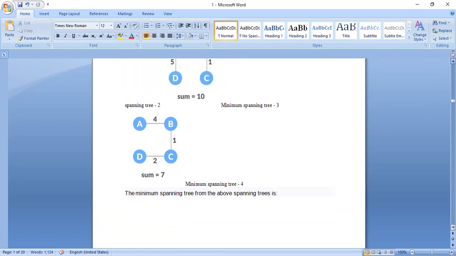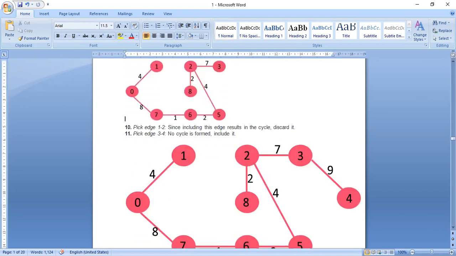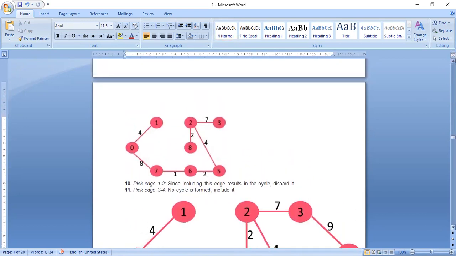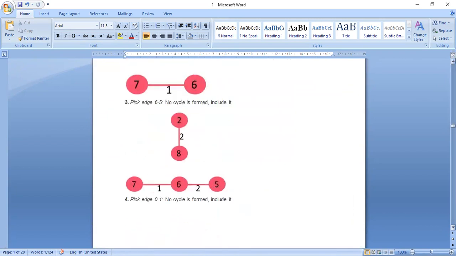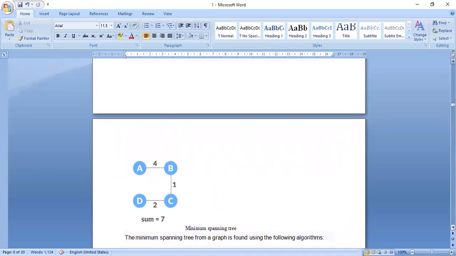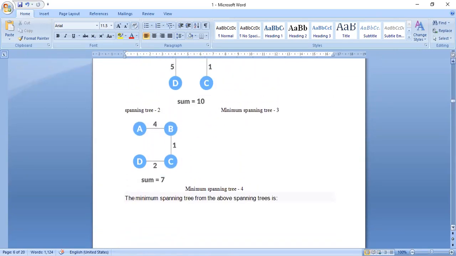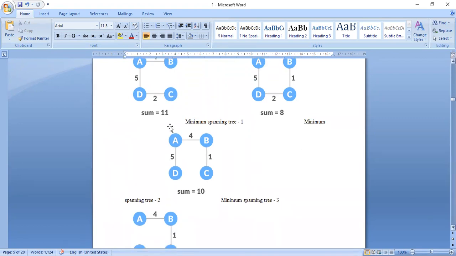Next one is another spanning tree also 7. Okay, these are the 4 types of spanning trees. Now, what is the weight of each spanning tree? First one is 11, next one is 8, next one is 10, next one is 7.